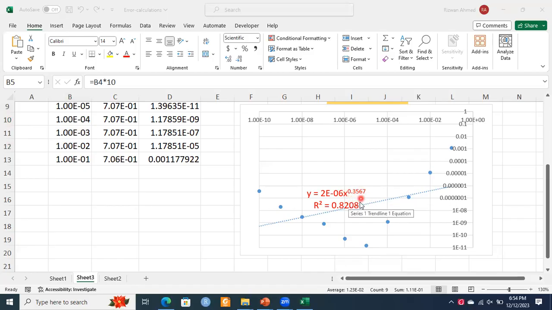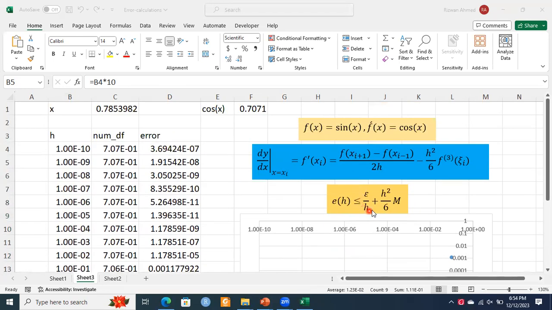So that is the effect due to the round off errors. So the round off errors dominate when we use a very small step size. So there is always an optimum point for the step size, so that we have reasonable approximations with respect to the round off error control and the truncation error control.